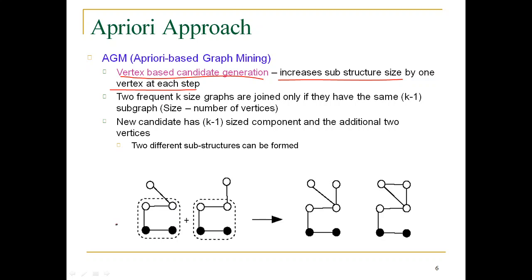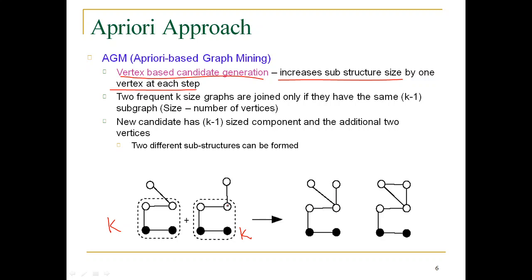So we are taking two k-sized graphs joined only if they have the same k minus 1 subgraphs. When you take the subgraphs, these are the subgraphs that are attained. Since there are k minus 1 vertices present in the subgraph, we can join these two subgraphs and attain a new candidate of size k plus 1 with two additional vertices.